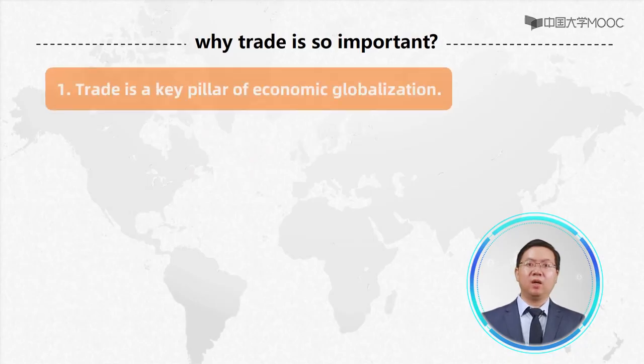Firstly, from the global level, trade is a key pillar of economic globalization. Trade, including export and import, contributes a lot to economic globalization, especially world economic growth.